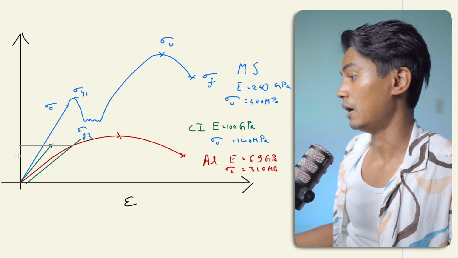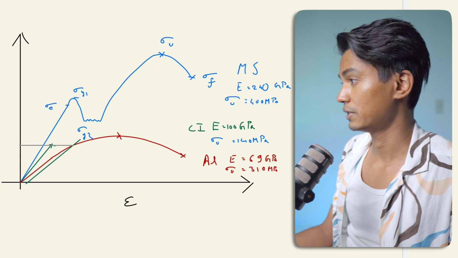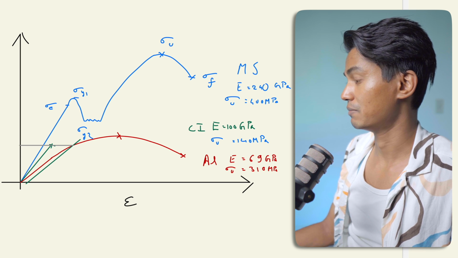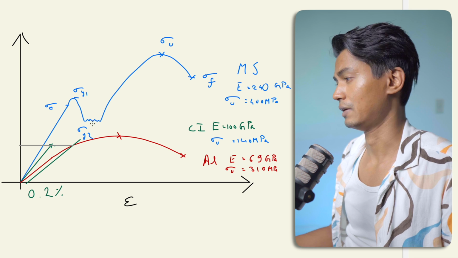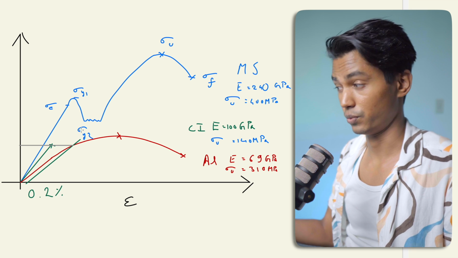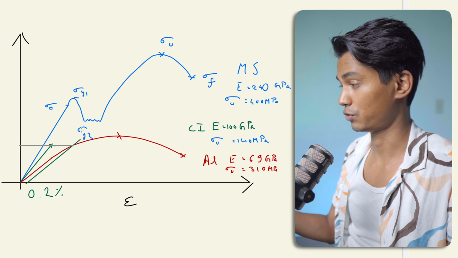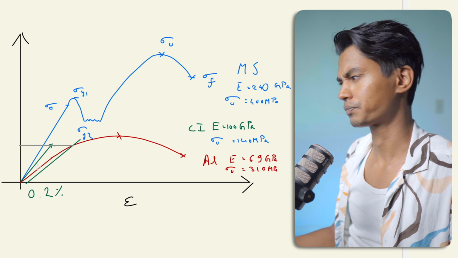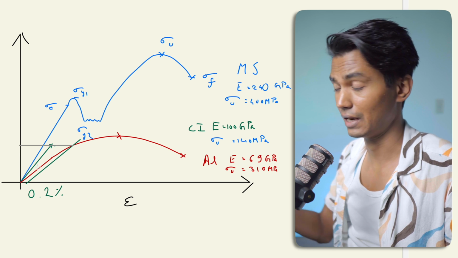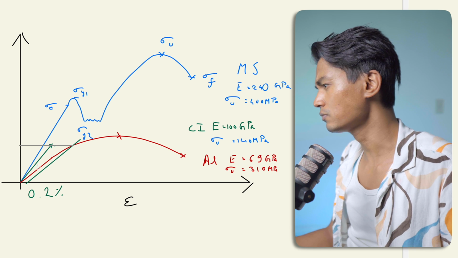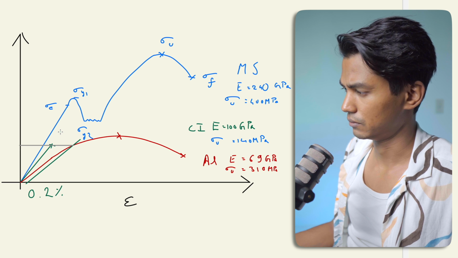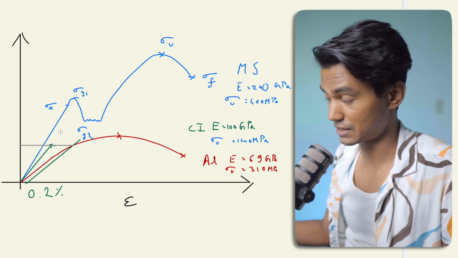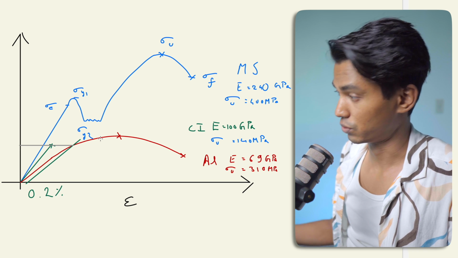Simple. But this 0.2% is not as simple as most people think, and I've seen a lot of people not doing it properly, just taking anything like 0.2% and drawing a line a little bit offset. It has to do with the length of the specimen, and most of the time the specimen is a standard specimen and the length is also fixed.